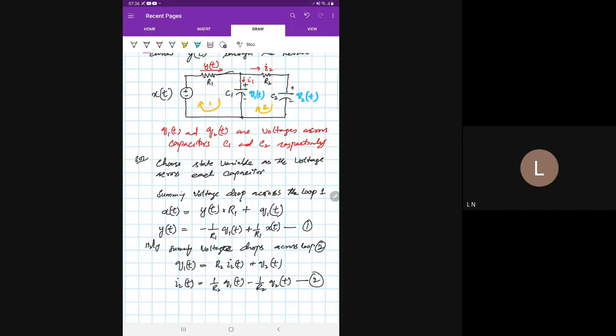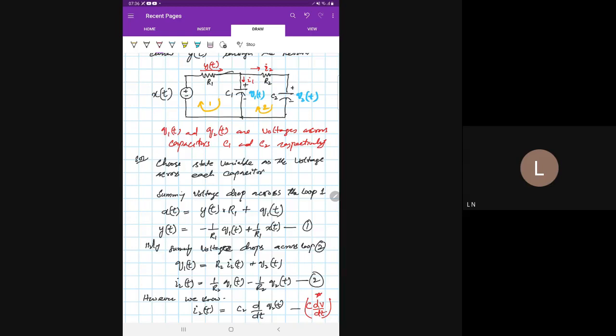However, we also know that current I2 of t is given by C dV by dt. The current through the capacitor C2 is given by C d by dt of Q2 of t, which is nothing but C dV by dt.